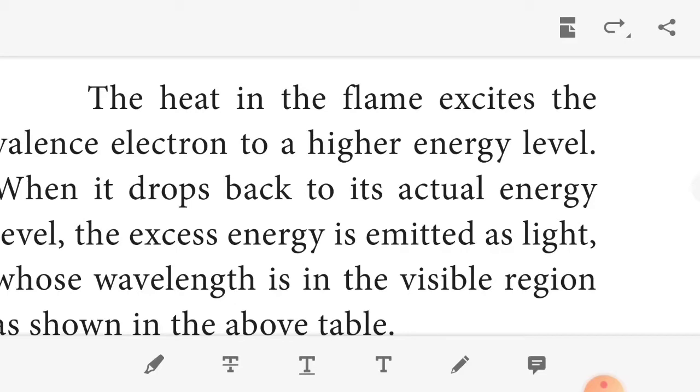So now, the heat in the flame excites the valence electrons to a higher energy level.